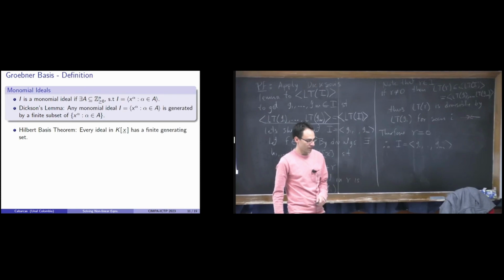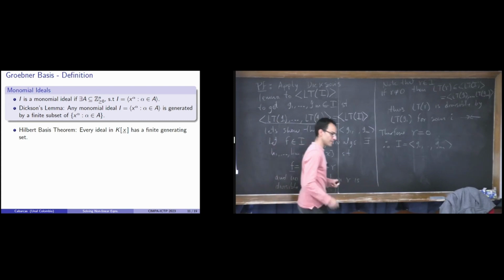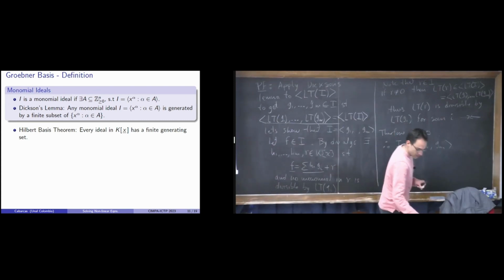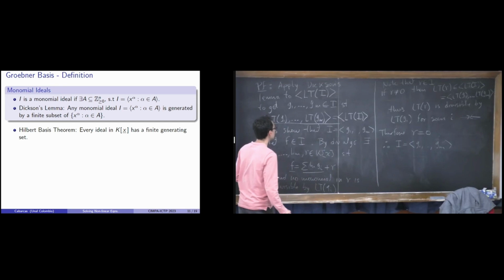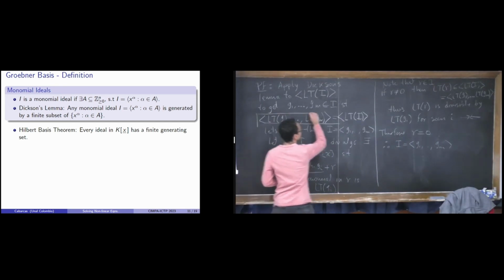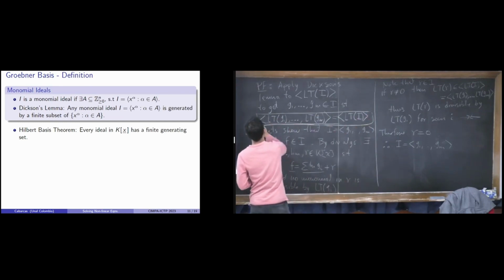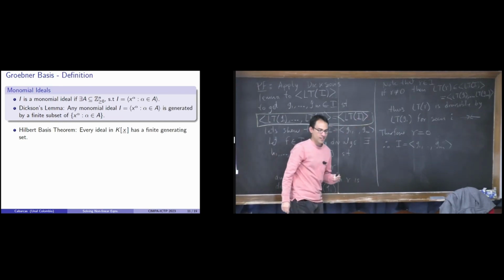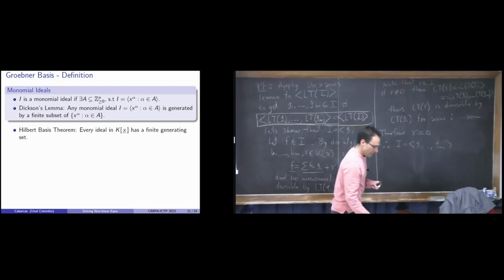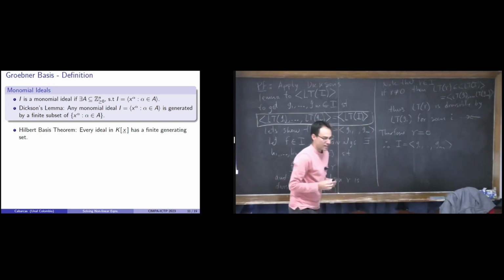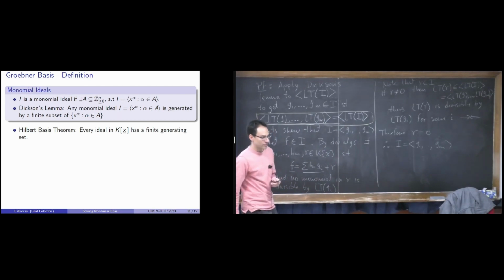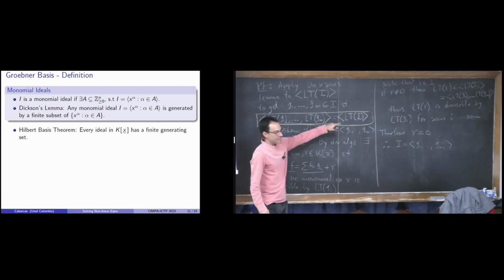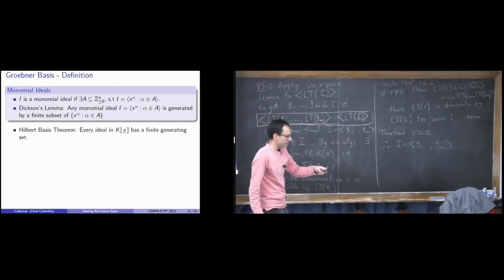So what is interesting, what is nice about this, and why it was important for the sake of this talk, is this condition here. We not only had a finite basis, a finite set of generators for the ideal, but we have a finite set of generators whose leading terms generate the ideal of all the leading terms of the ideal.